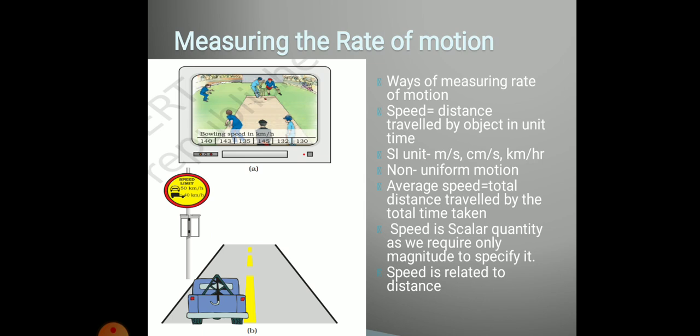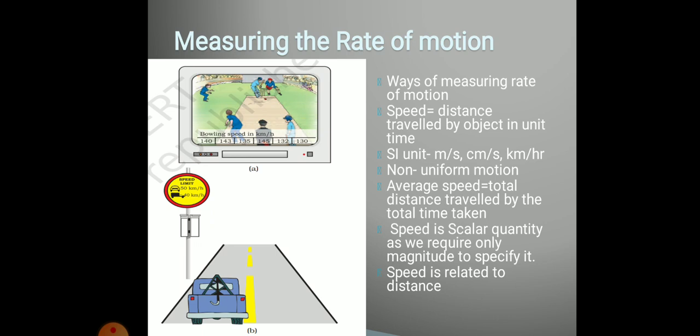One of the ways of measuring the rate of motion of an object is to find out the distance traveled by the object in unit time. So, we need to find out the ways of measuring the rate of motion. First is the speed.